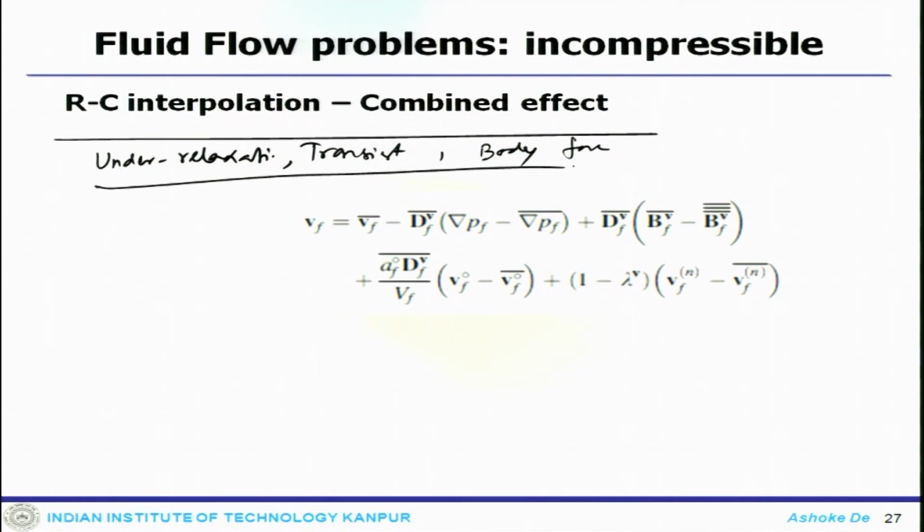So then the surface vector Vf is an average dFb delta Pf minus delta Pf bar dFb, this is the term which will come due to the body force term, and then these contributions are there.